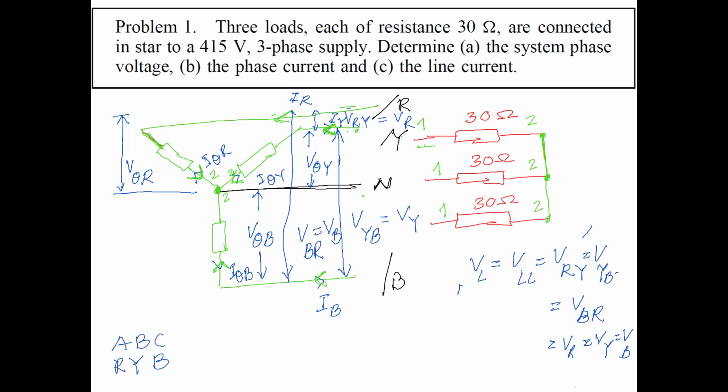Okay, so let us just take a notepad to do this calculation here. Okay, so I will draw here again. So we have three resistors connected in star.